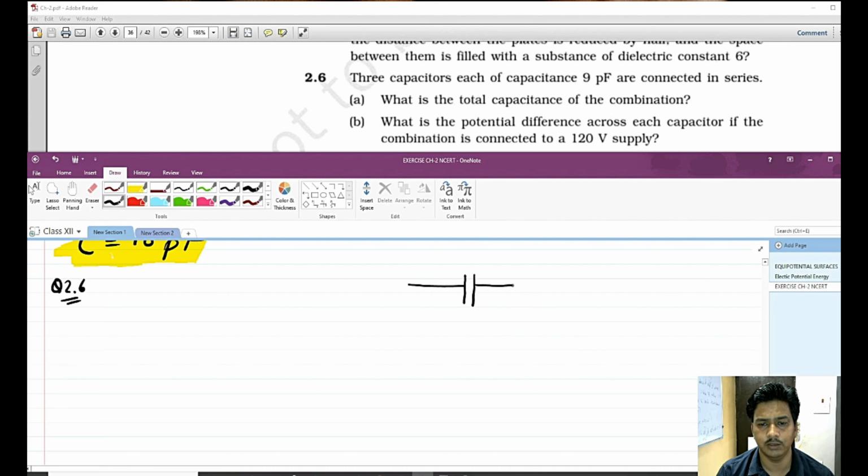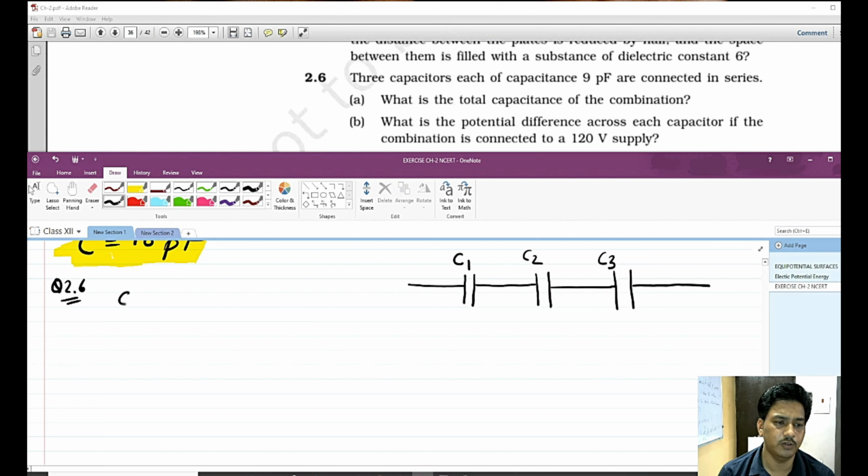Capacitor number 1 having capacitance C1, another capacitor C2, and the third capacitor having capacitance C3 are connected in series. What is the total capacitance of the combination? So the values of C1, C2 and C3 are equal, that is 9 picofarad.